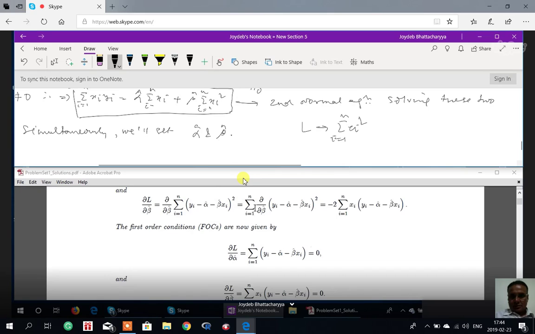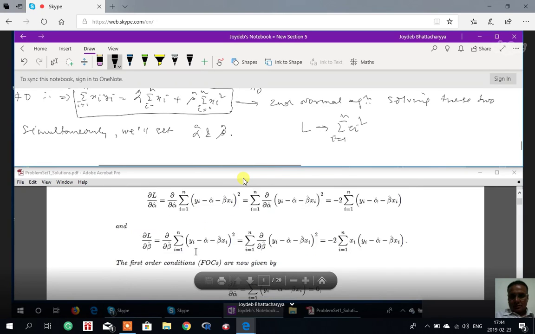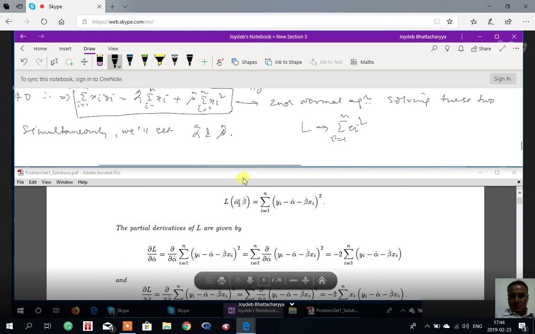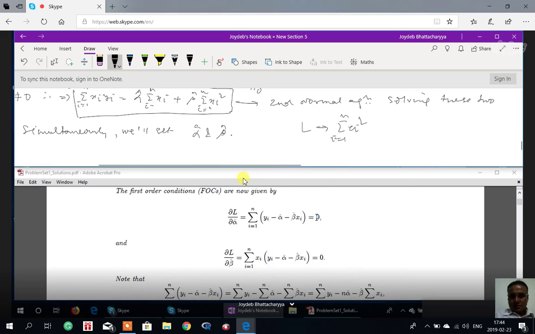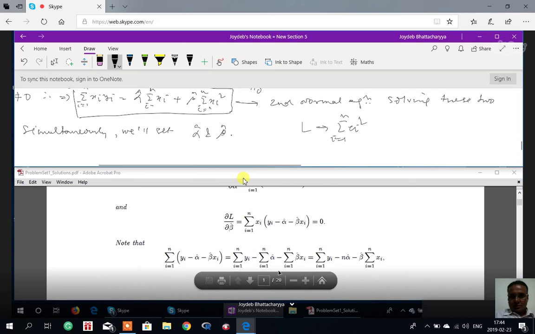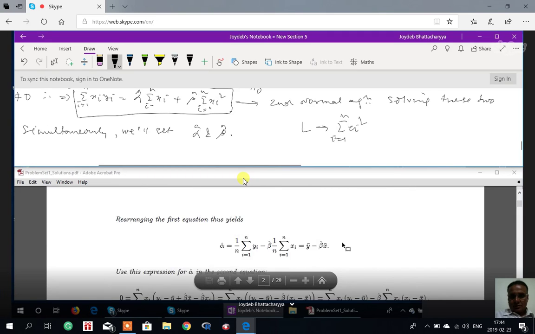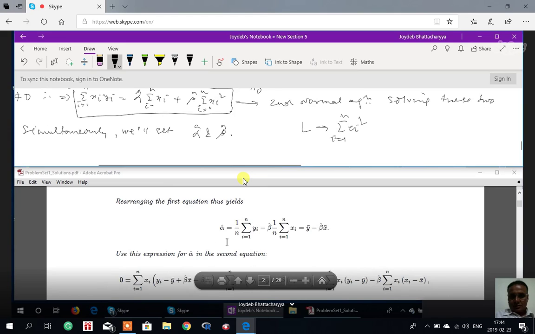These are little modern notations. Since the function is taken as L of alpha and beta, they are writing it this way. So this is the first normal equation. This gives rise to the second normal equation, and this is the expression for the first normal equation. Similarly, this is the expression for the second normal equation, and then they are estimating.